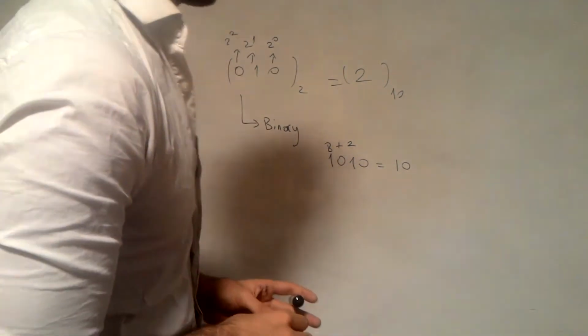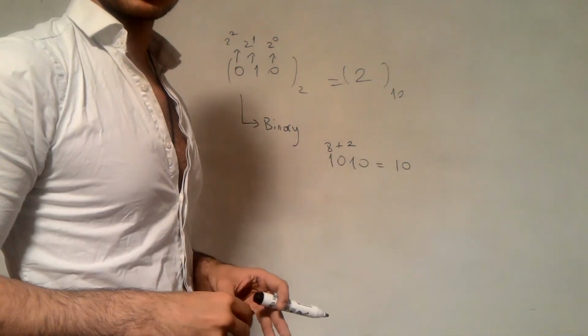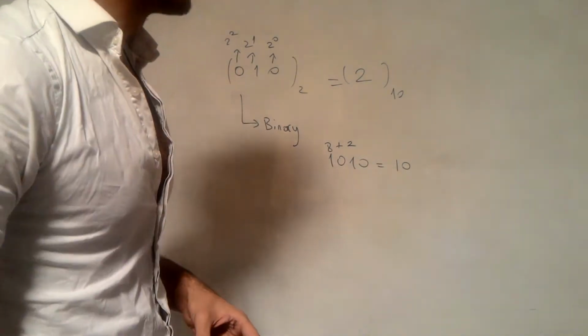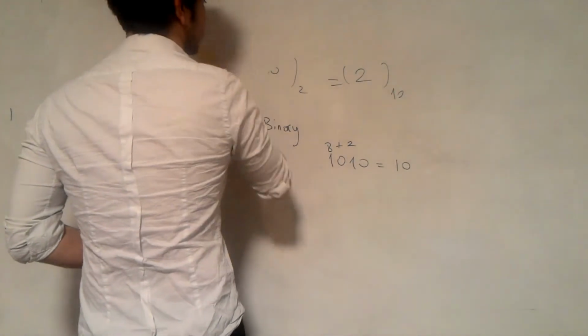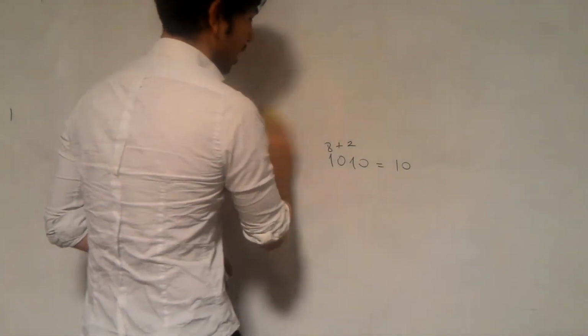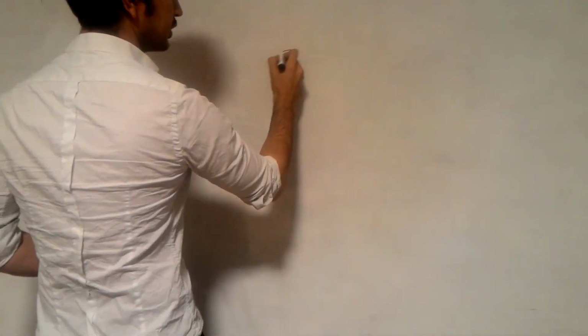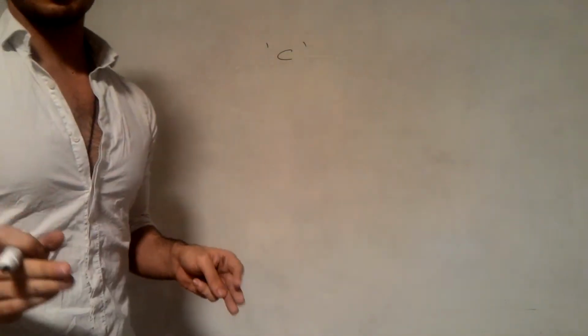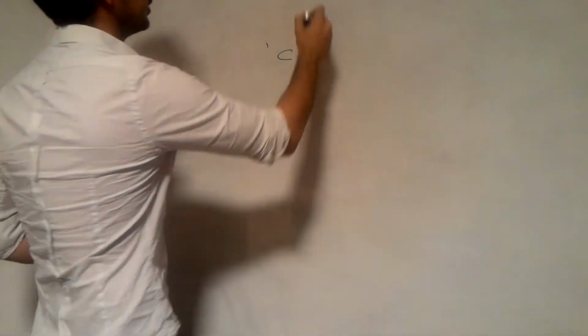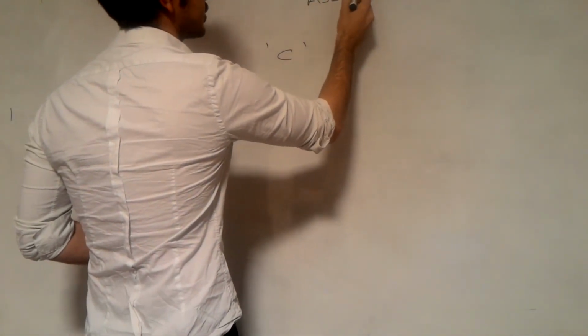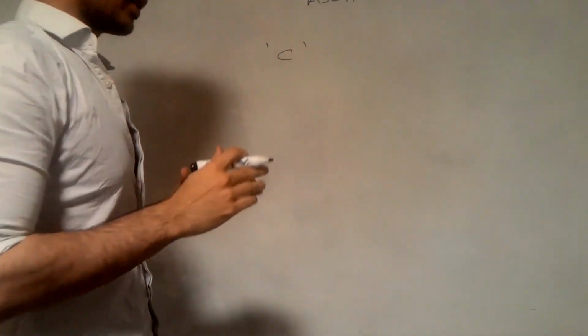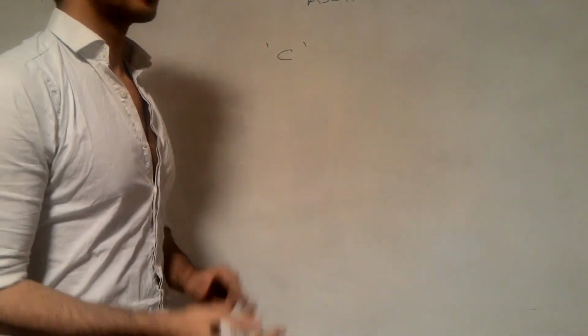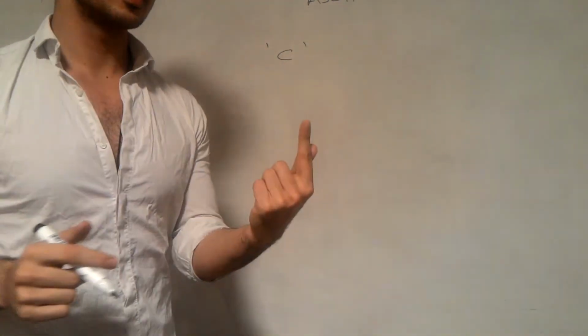For instance, you want to write on the screen the character C. Okay, you want to write C, right? So there's a table called the ASCII table. You can search this on Google. For every character we have some number, an 8-bit number, a 1 byte number.